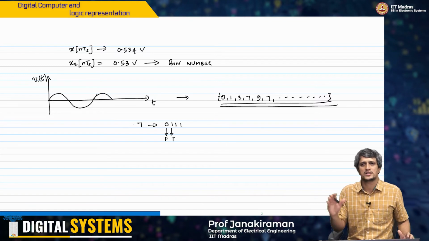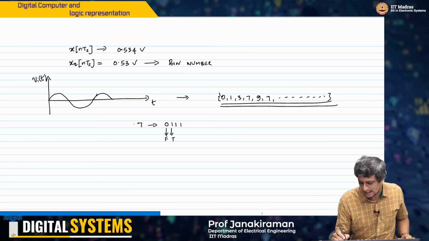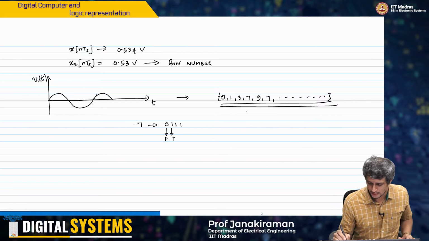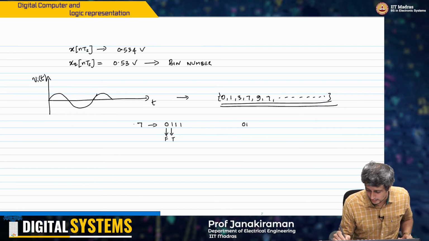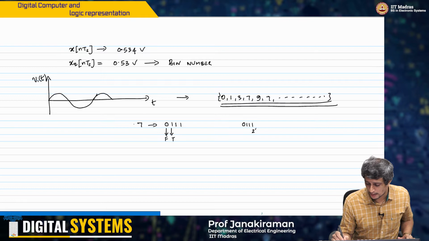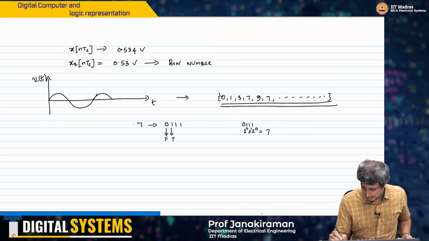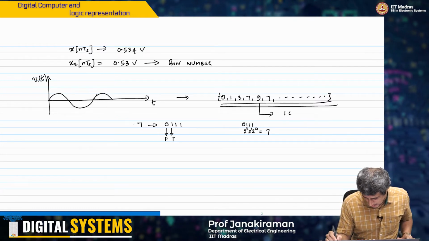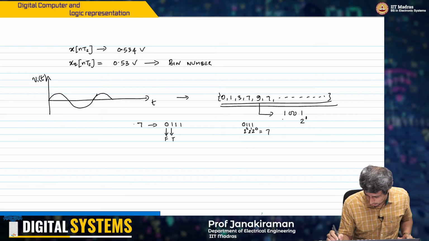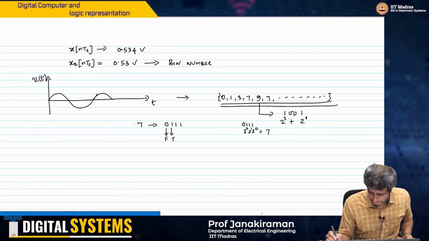I have got a sequence of numbers, and then I have digitized this number. So 7, for example, is 0, 1, 1, 1. Why? 2 power 0 plus 2 power 1 plus 2 power 2. You add these three, you will get 7. Likewise 9 is going to be 1, 0, 0, 1. Why? 2 power 0 plus 2 power 3.